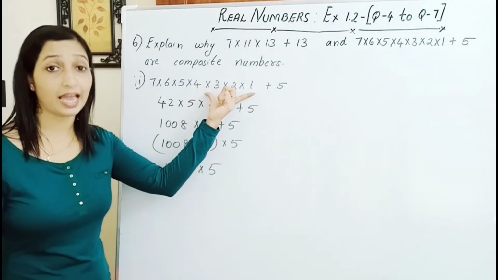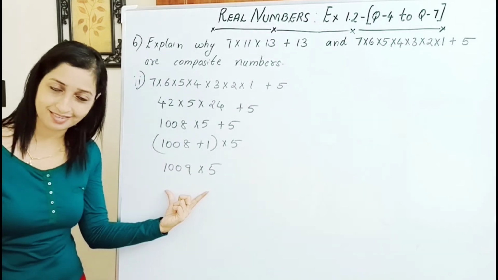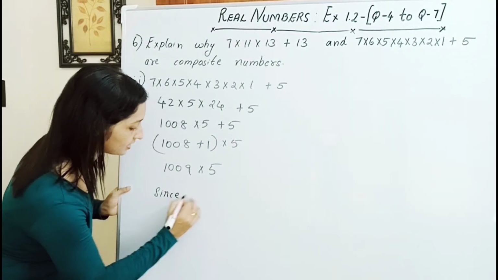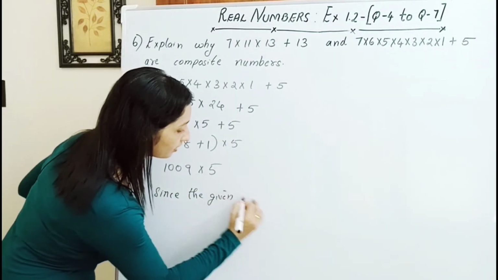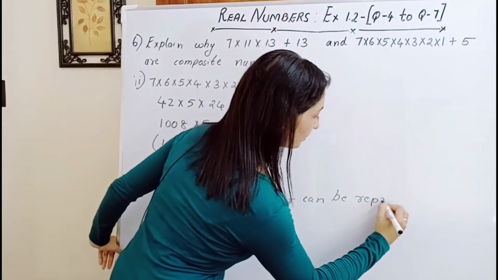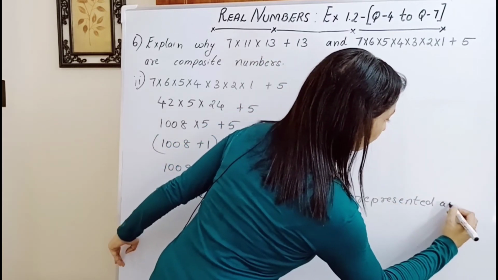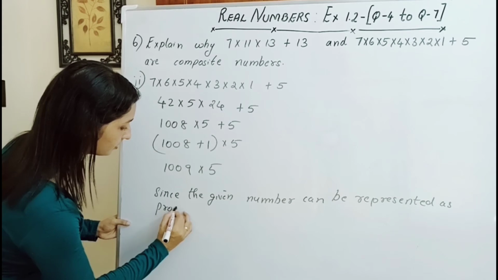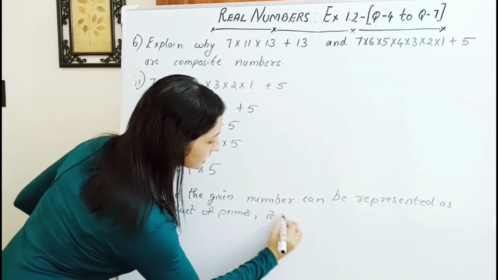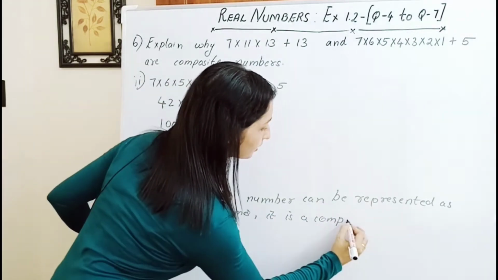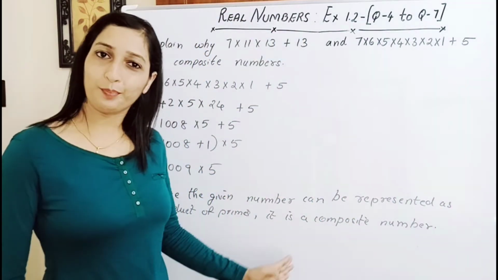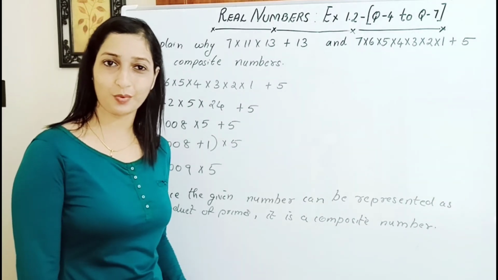Since this given number can be represented as the product of primes, we can say that the given number is a composite number. Hence proved. So now let's move on to our next question, which is question number 7.